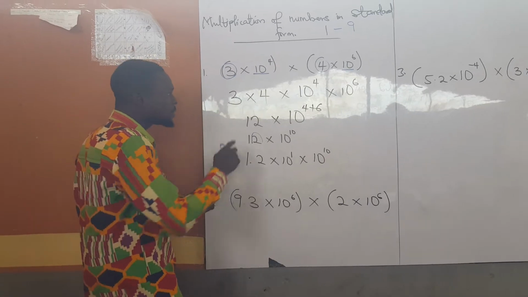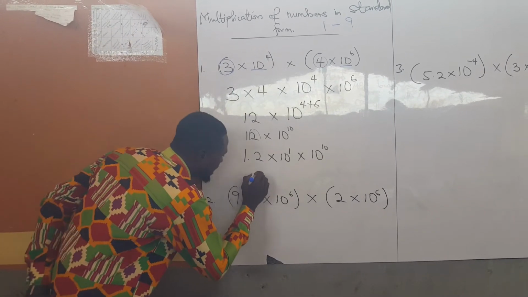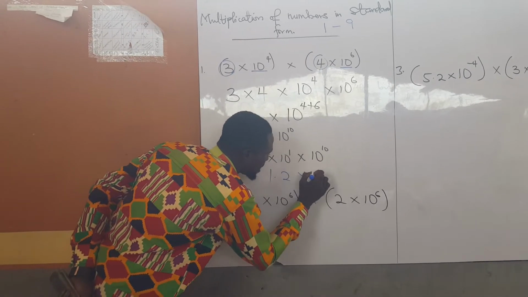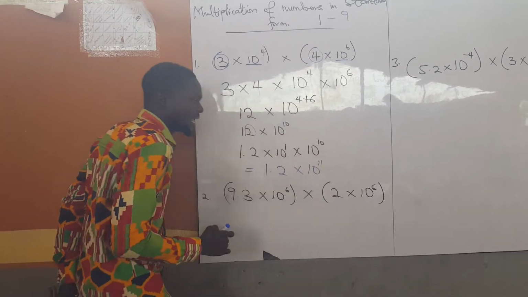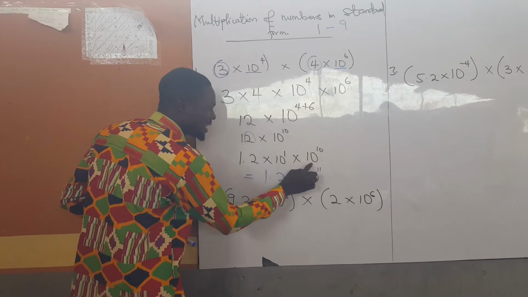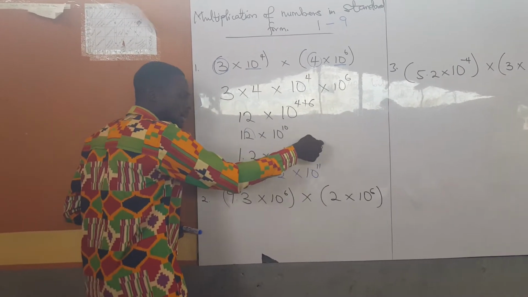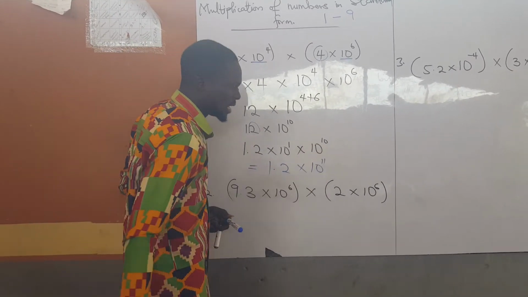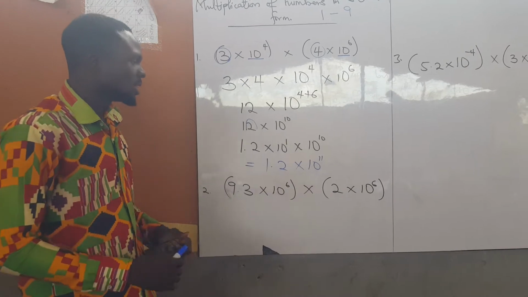So our answer for the multiplication of this number is 1.2 times 10 raised to the power 11, because the law says that if the bases are the same, you just add the powers. So you pick 1, then you put the 2 together to get 11. So this becomes the answer.